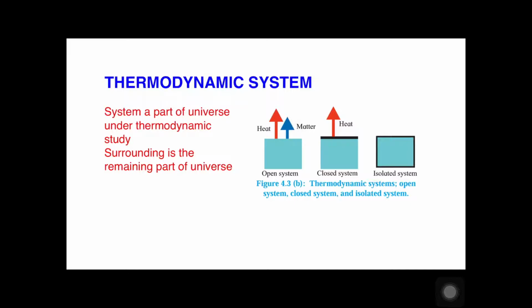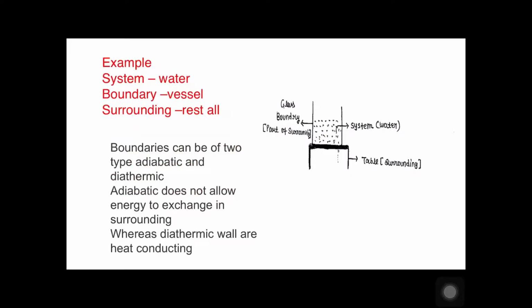Depending upon the interaction of the system with the surrounding, there are three types of system: open, closed, and isolated. Let us consider an example: water in a vessel kept on a table.